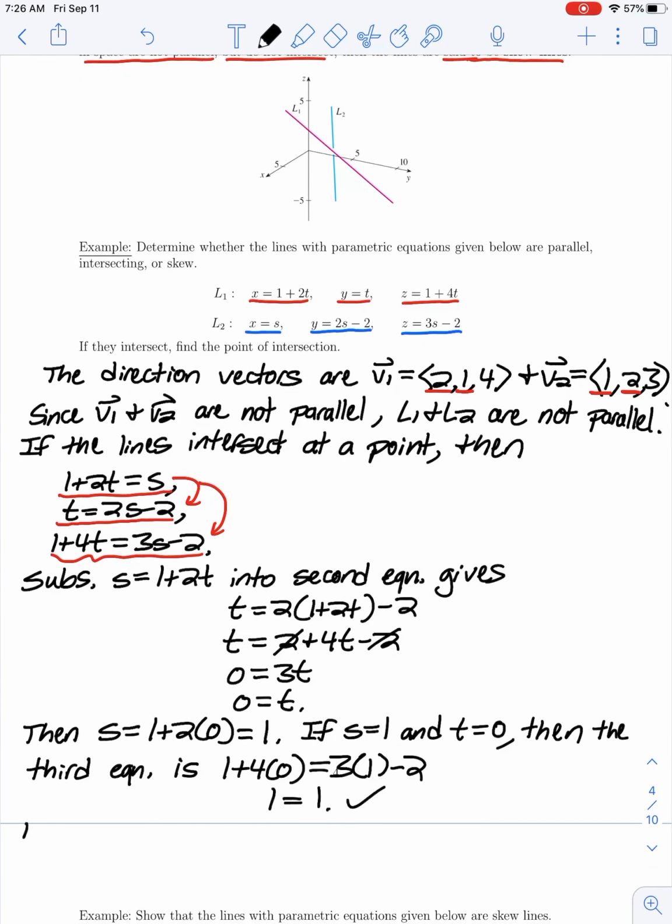So we can say the lines intersect, and we're supposed to find their point of intersection, x, y, z.